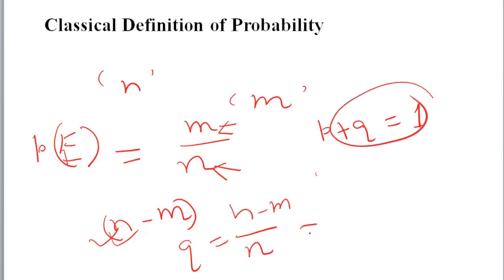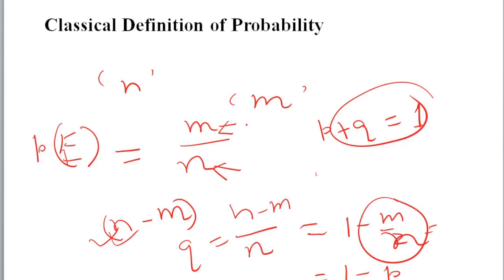If we divide by n, then we get 1 minus this term, which is nothing but P. So Q equals 1 minus P, and from this relation we get P plus Q equals 1.